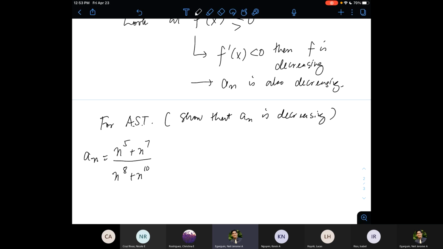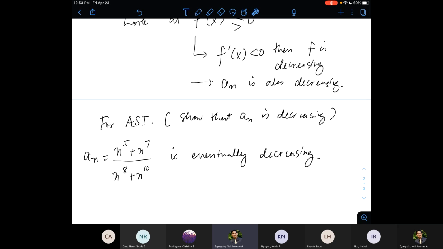You can argue that the numerator is degree 7, the denominator is degree 8. So that means the denominator grows faster than the numerator. So when the denominator grows faster, that means that this is eventually decreasing.